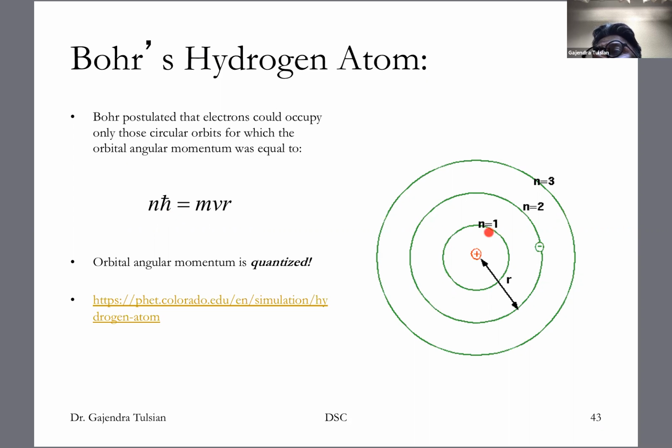That's where the quantum number n comes from. n equal to 2, here's the next allowed orbital, n equal to 3. So the only allowed orbitals are where L, the orbital angular momentum, is n h bar. Okay. So again, angular momentum shows up everywhere. It's a very important quantity.